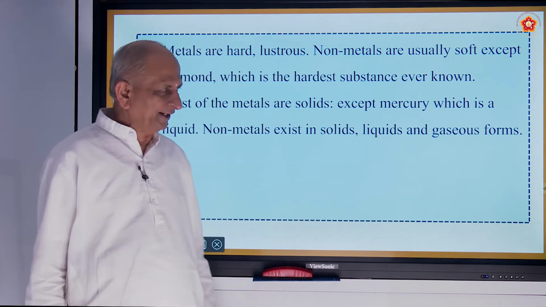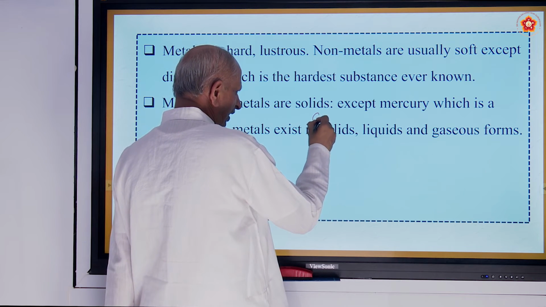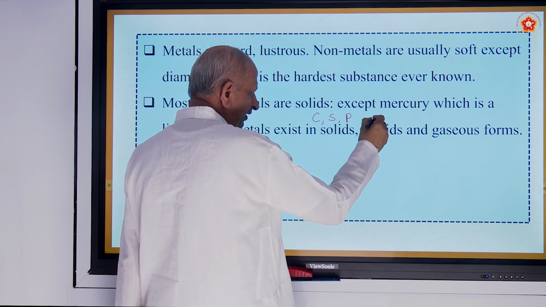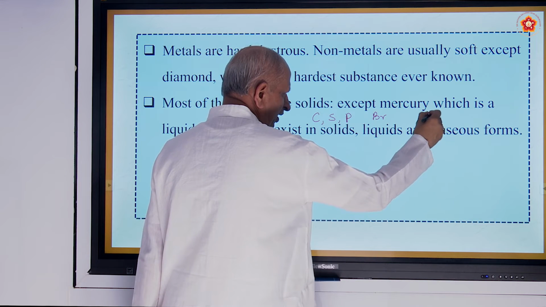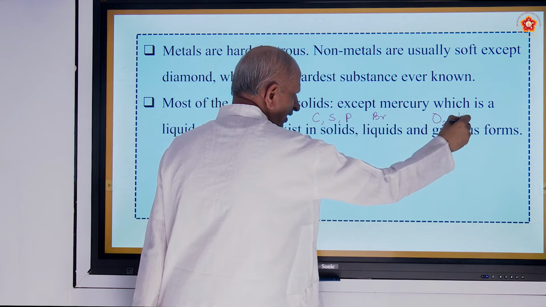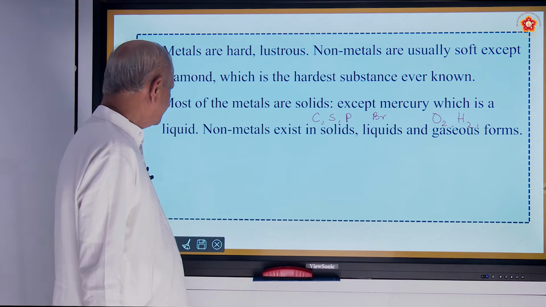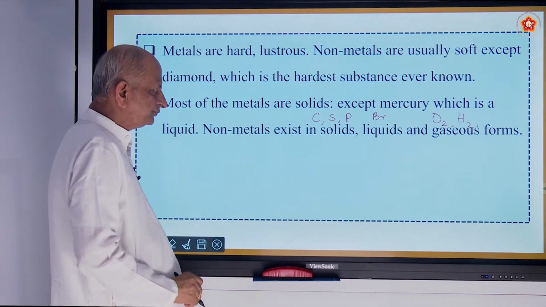Gas: nitrogen, oxygen, etc. So among solids you have carbon, sulfur, phosphorus, etc. Liquids you have bromine. Gases you have oxygen, hydrogen, nitrogen, etc. They are gases.